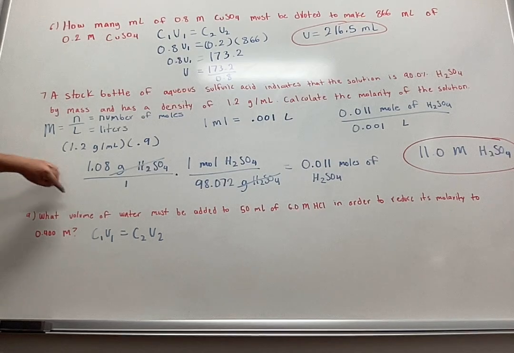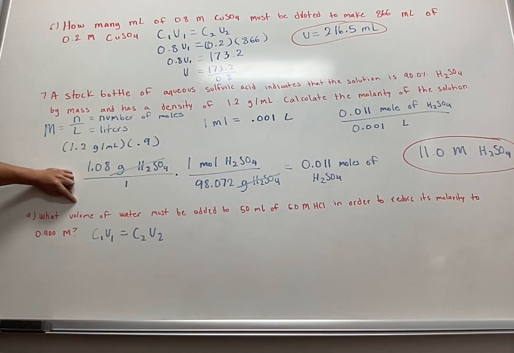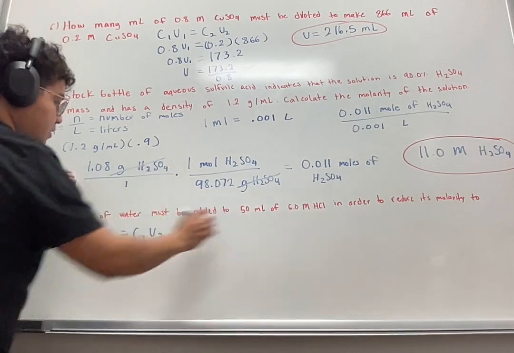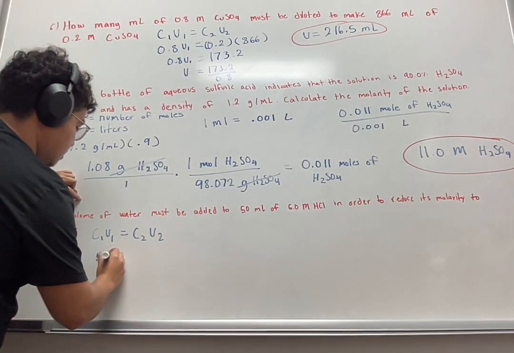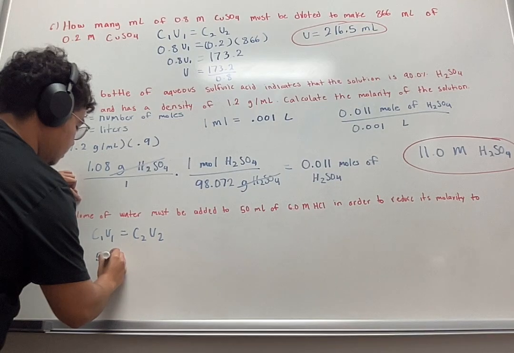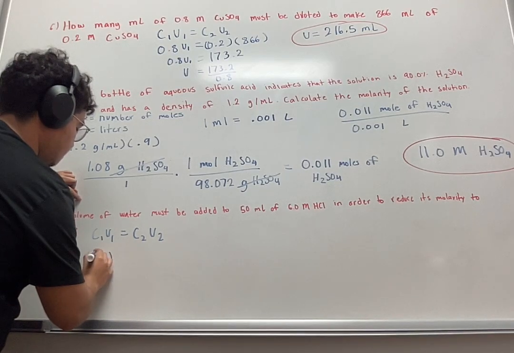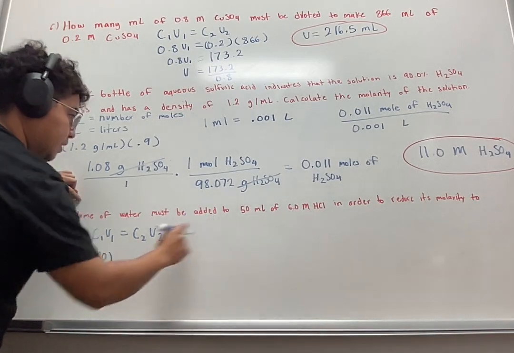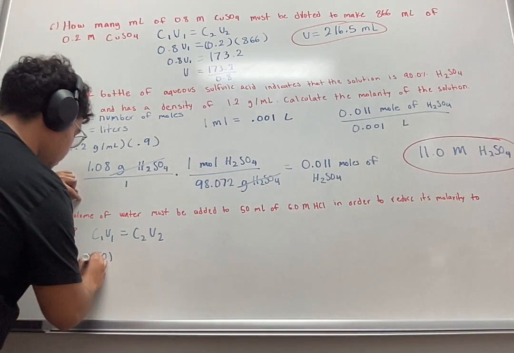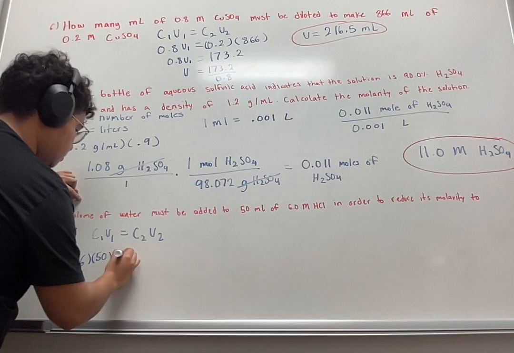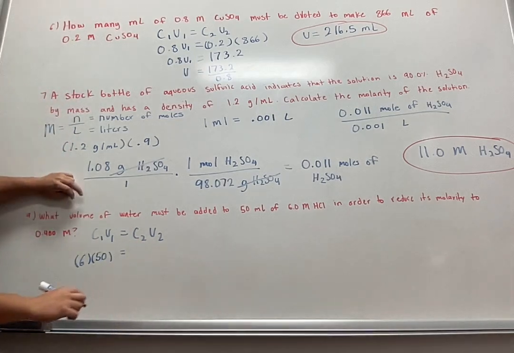Now, the volume is what we don't know. The volume must be added to 50 milliliters of 6 M. So 50 is the volume, and 6 is the concentration, equal to C2V2.